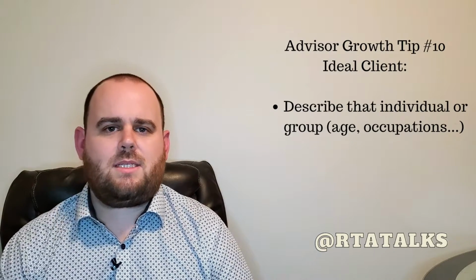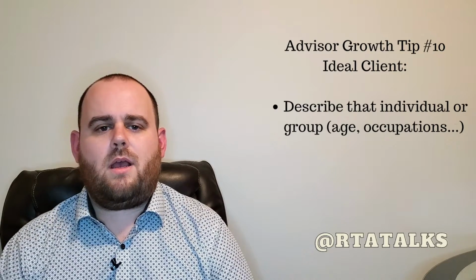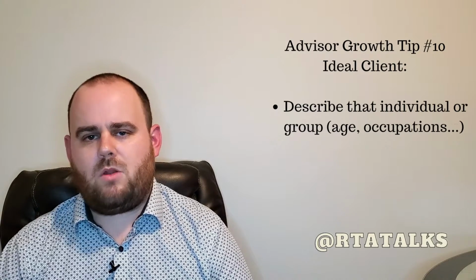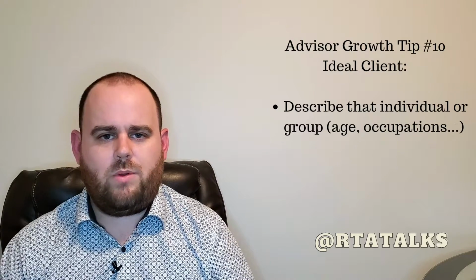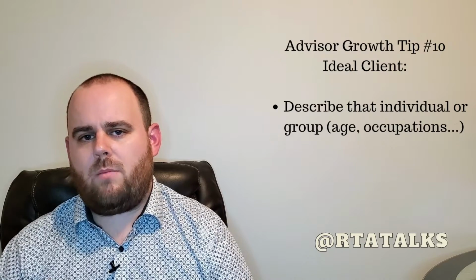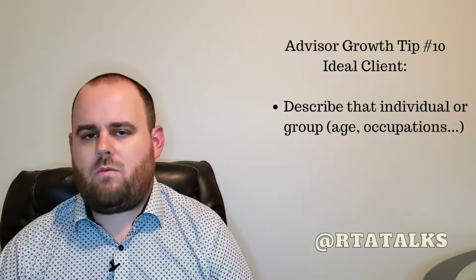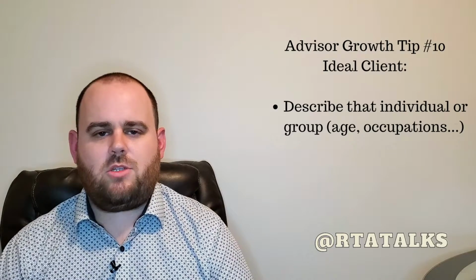You want to look at things like their age, their occupation, are they married? Do they have kids? Are they employed? Are they self-employed? Do they own a business? Any other potential identifiers that you think are relevant, you want to list all that out, column by column. Potentially in an Excel or Google Sheets format would be helpful.